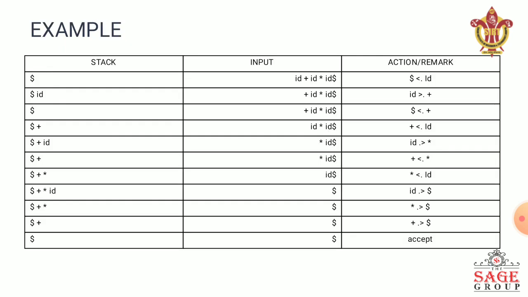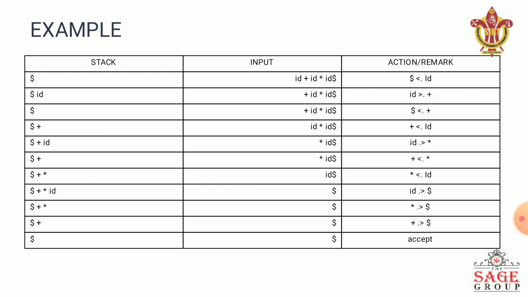We apply this algorithm on our given example. In this example we can use a tabular form to represent our parsing procedure, where the three columns are stack, input, and the action or remark we find in the parsing table.